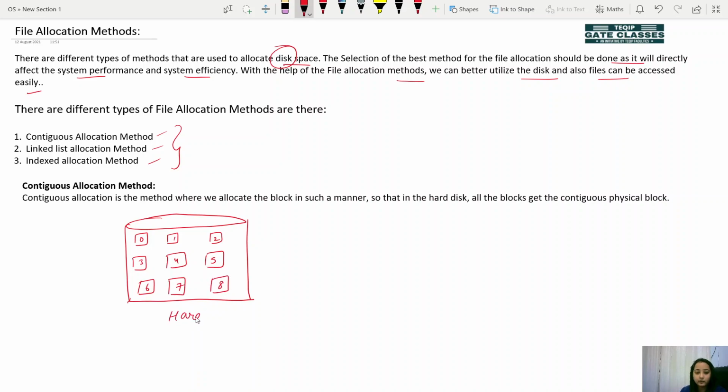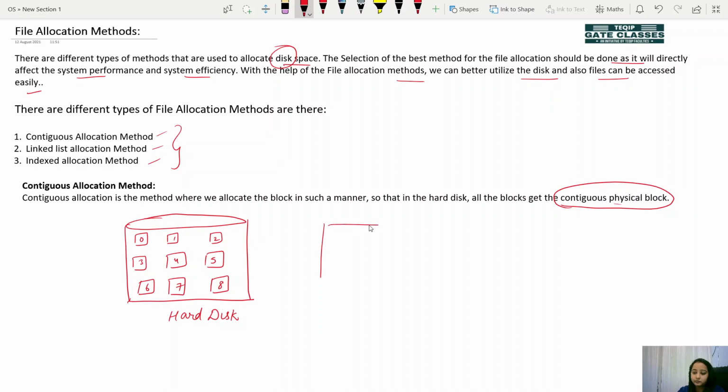This is the hard disk. We have different blocks in the hard disk, but the blocks should be contiguous physical blocks. Means we should allocate the space in a contiguous manner.